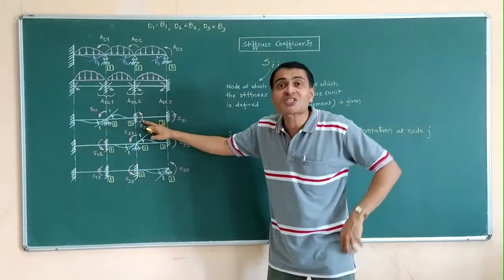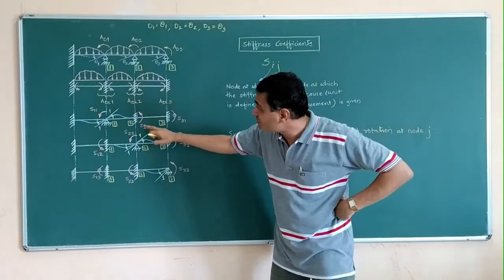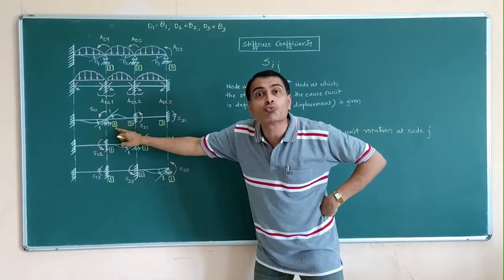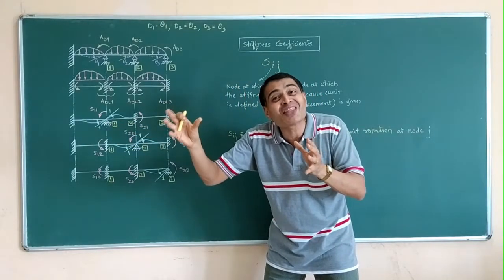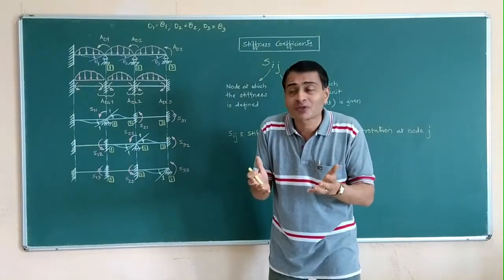So this stiffness I am calling S21. It is stiffness at node 2 due to unit rotation at node 1. At this location due to rotation at that location, that is how you express your stiffness.